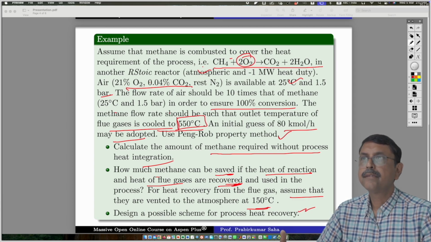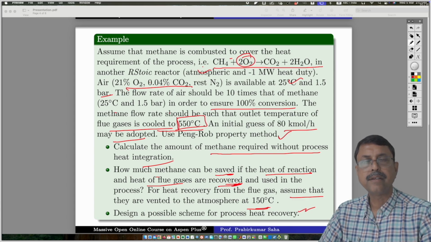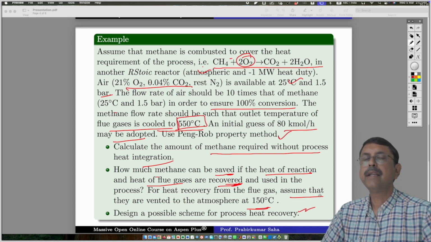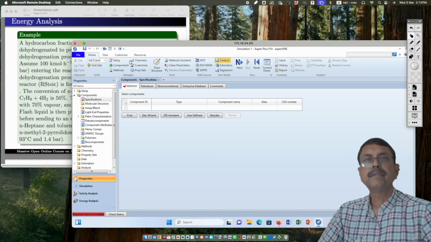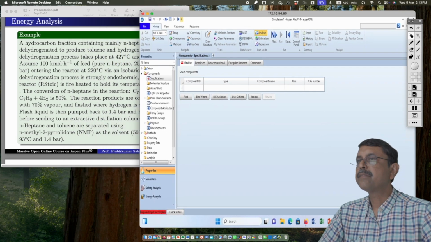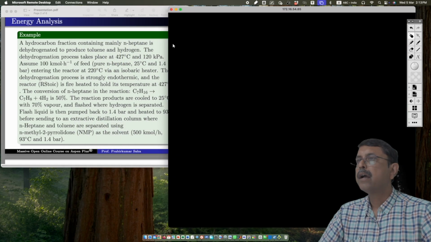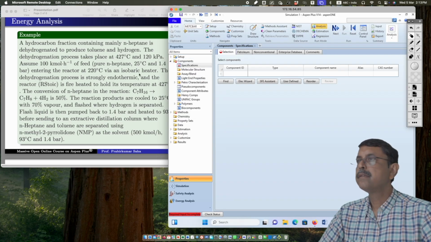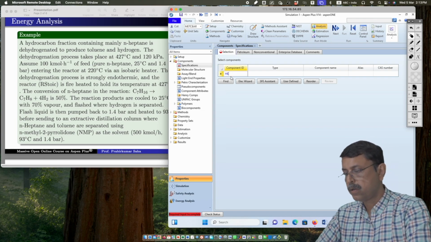Now let us solve this problem and learn how to do the heat integration. So let us first open Aspen Plus. Okay, so this is the simulation window for Aspen Plus. First of all, let us identify the components. So what are the components we have? We have N-heptane. So let us write N-heptane, or heptane will do.